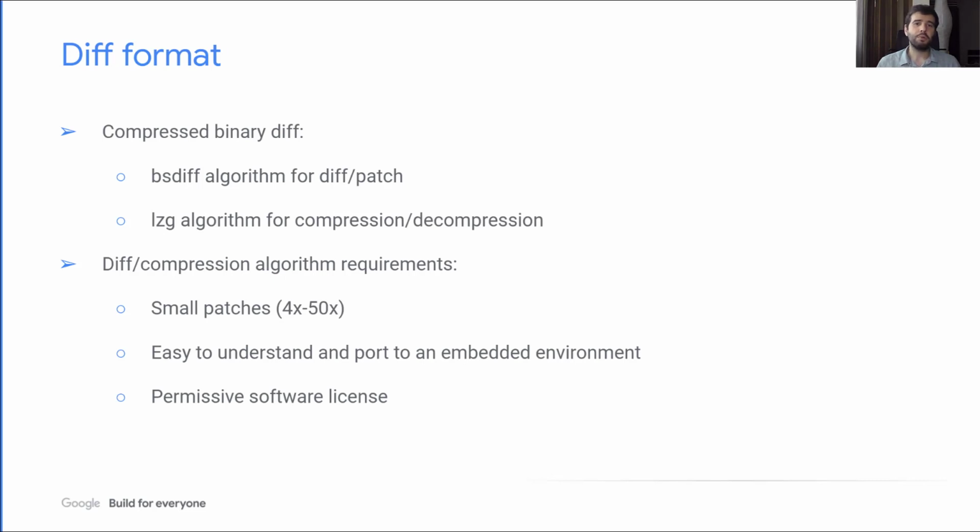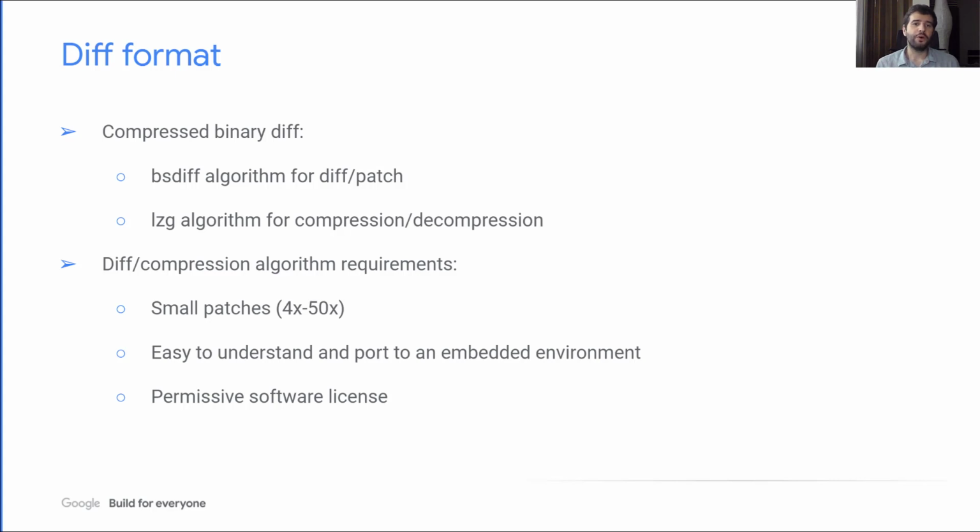Now let's discuss the diff format. We're using the BSDiff algorithm for diffing and patching, and the LTG algorithm for compression and decompression. The requirements used during selection of diff and compression algorithms were the following.